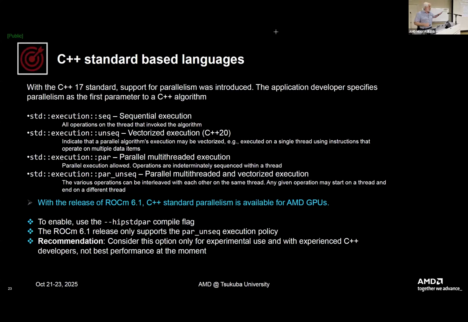But with C++, they do have some of those shorthands, and by adding this policy, that algorithm will run on the GPU, and it uses the rocThrust library on the back end to do the algorithm work.